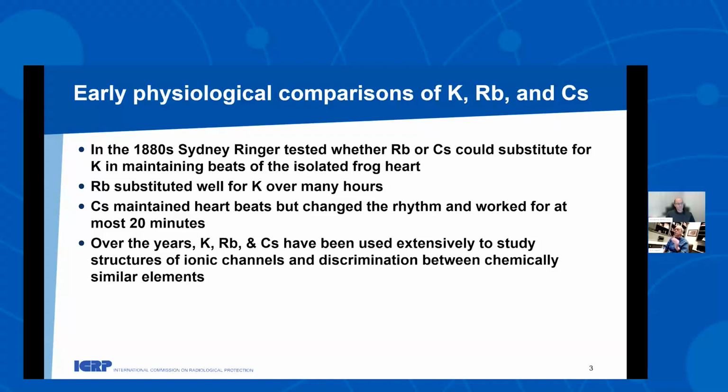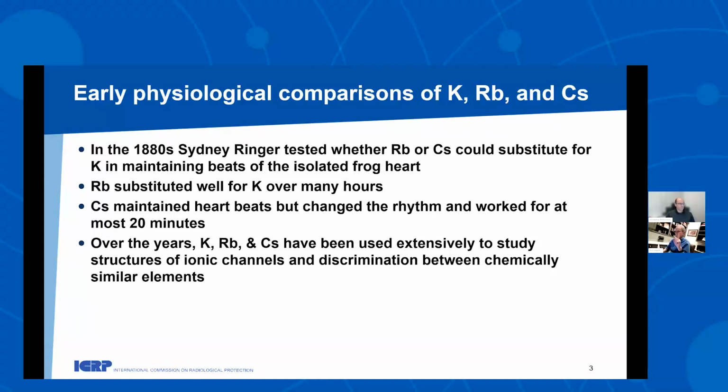Rubidium and cesium were discovered in the 1860s by Bunsen and Kirchhoff, where Bunsen is the Bunsen burner guy. And in the 1880s, Sidney Ringer tested whether rubidium or cesium could substitute for potassium in maintaining beats of the isolated frog heart.